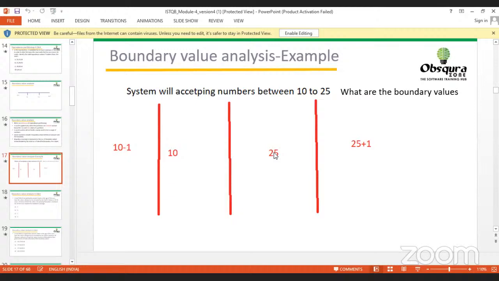So what will be the boundary values we have to test? We have to consider 10, 25, then 10 minus 1 and 25 plus 1. So these will be the boundary values that we need to consider. Is it clear, Deepa? Okay, thank you.